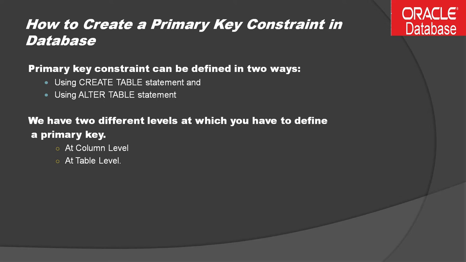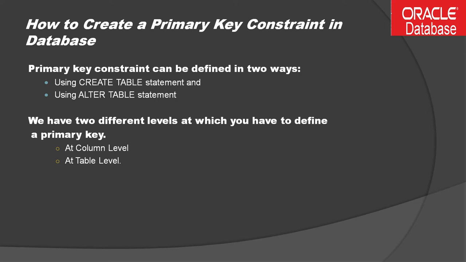If you did not define your primary key while creating the database table, then at a later point of time you can use the alter table command to create a primary key, right? But here one thing I would like to make clear: a composite primary key can be defined using up to 32 columns of a table in Oracle DB, right?